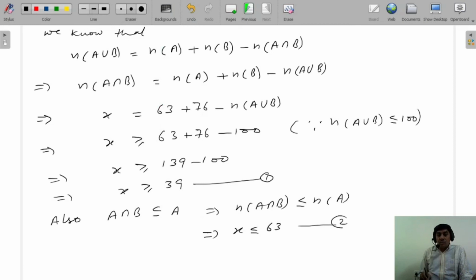Equation number 2. From equation 1 and 2, we have x is greater than or equal to 39 and less than or equal to 63.